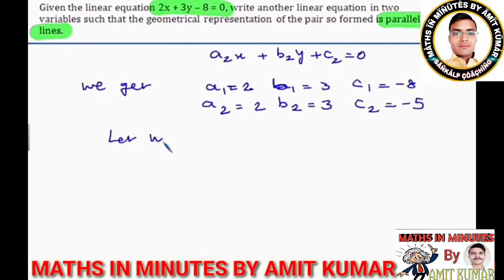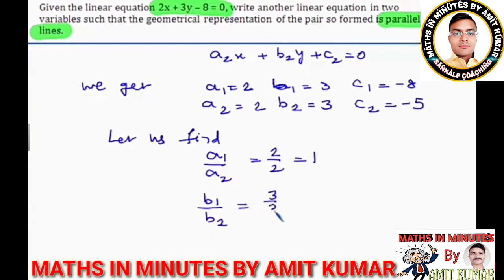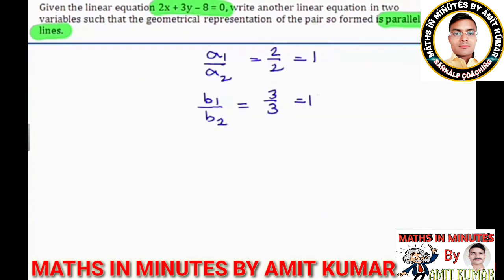Now let's find a1 upon a2 is equal to 2 by 2, which is 1, b1 upon b2 is equal to 3 by 3, which is also 1, and c1 upon c2 is equal to minus 8 upon minus 5, which is 8 upon 5.